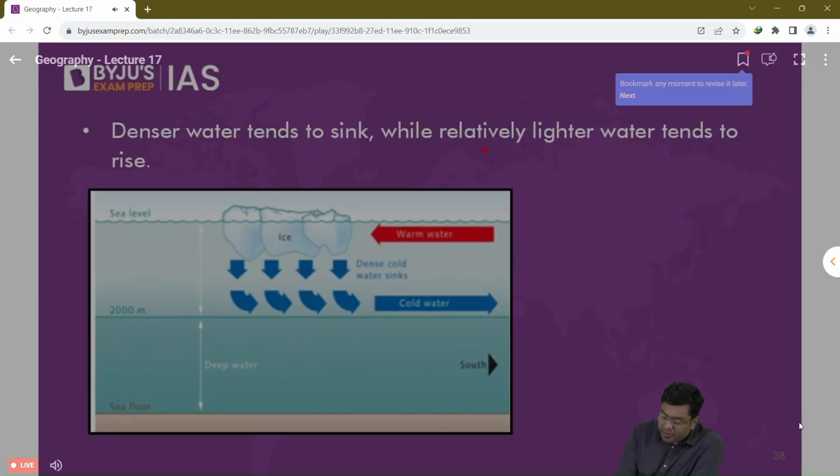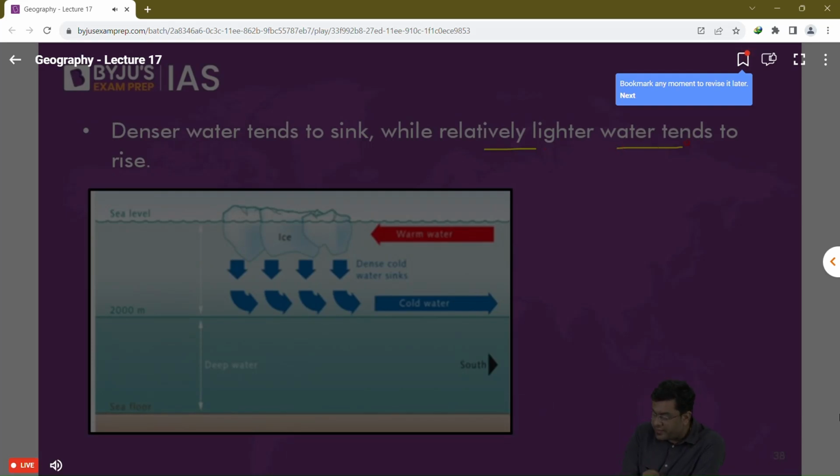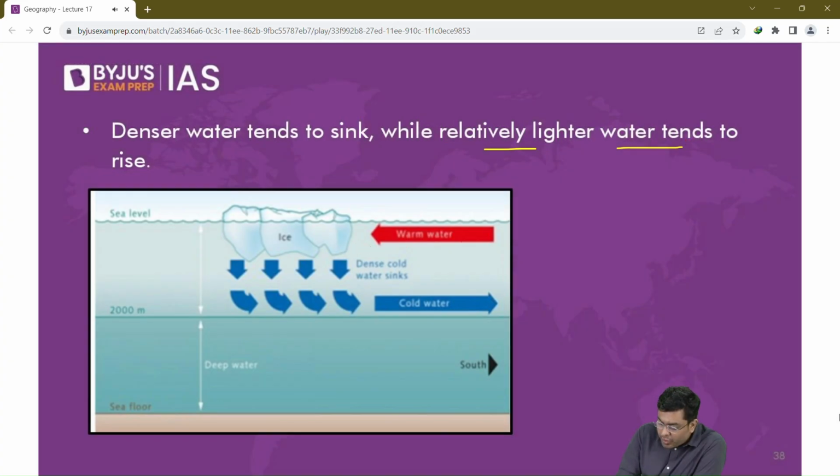Okay, so here, that is why you will observe this. So denser water tends to sink while relatively lighter water tends to rise up, isn't it? So here you will observe that, yes, that will happen. So from the lower latitude, water will move to the higher latitude on the surface. Many of those portions will get frozen. So as the ice floats, the remaining water will be very cold and will have very high salinity, so very high density.